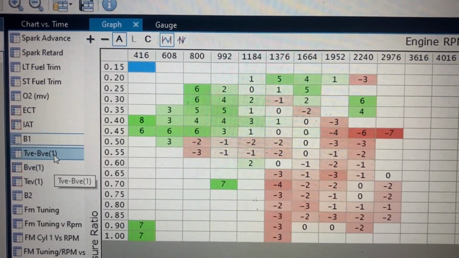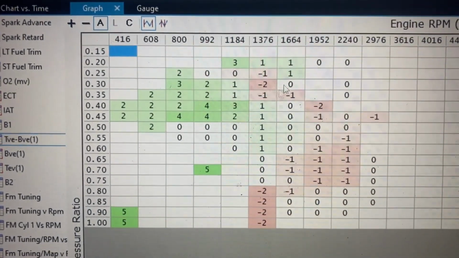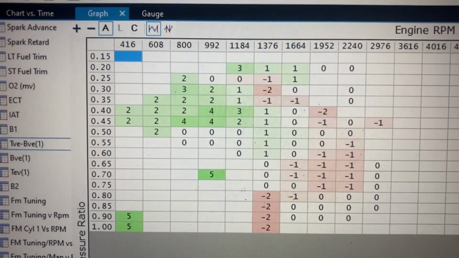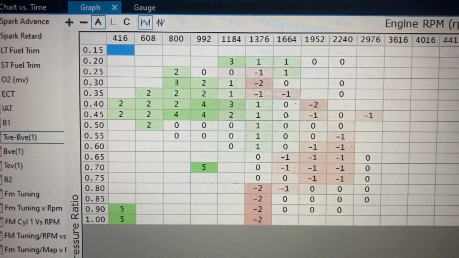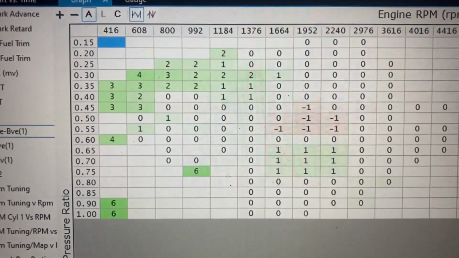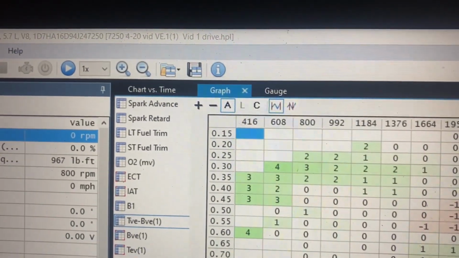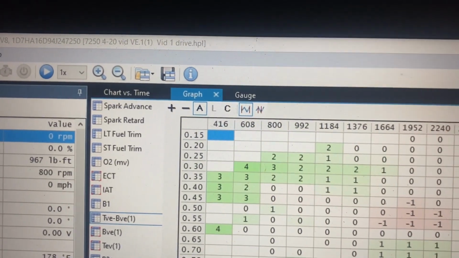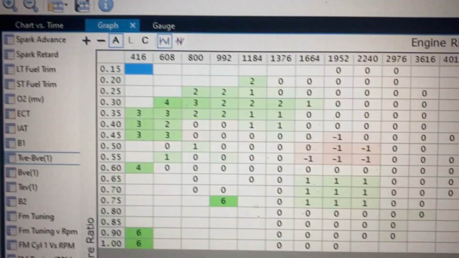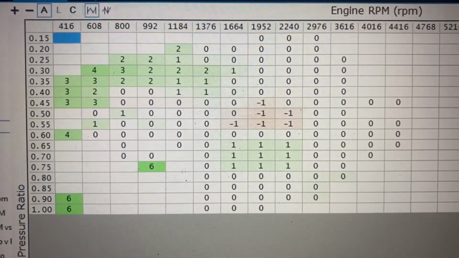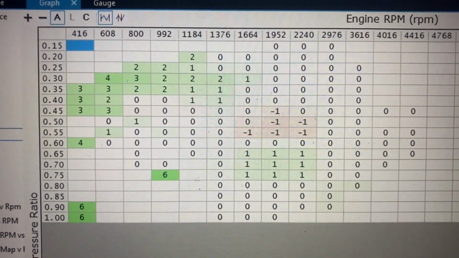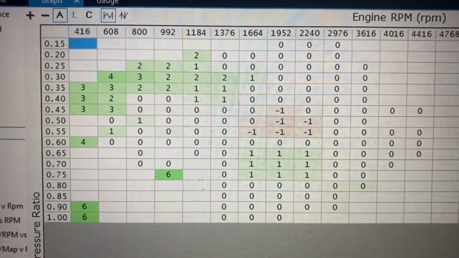So, like I said, we'll come back over here. Those numbers look better. It's not how we tune it, but they look better. So now this is number 2, or I'm sorry, this is tune number 1. This is the first VE tune. So that's what they all look like.